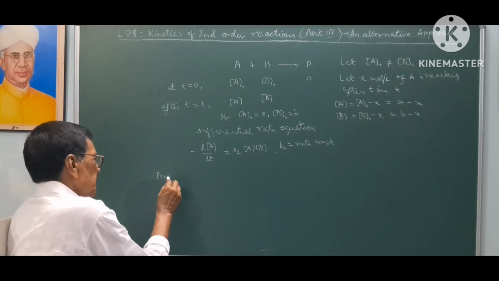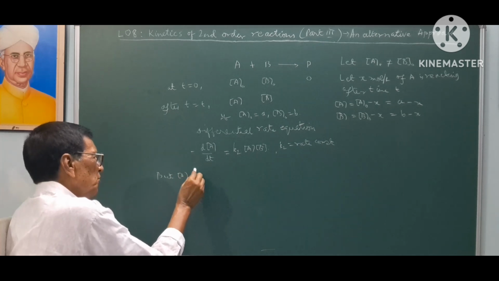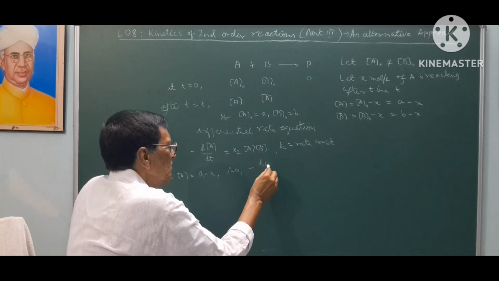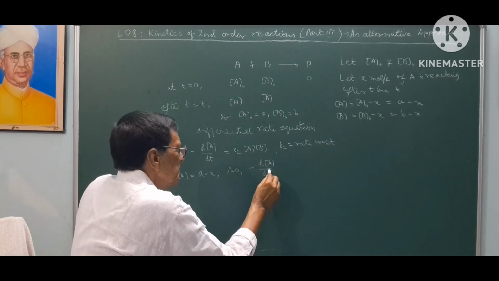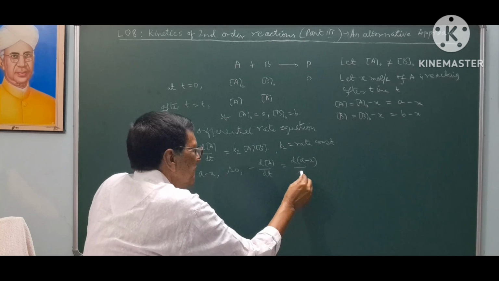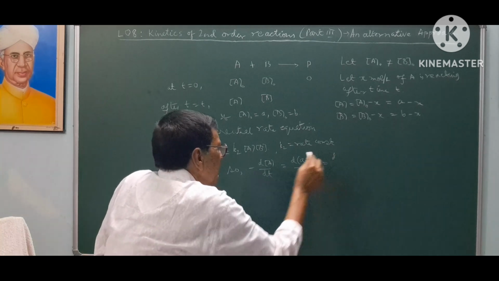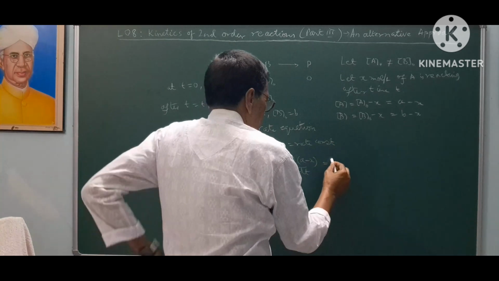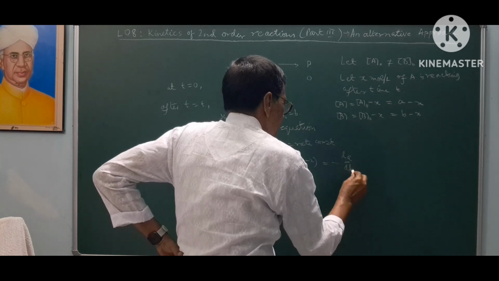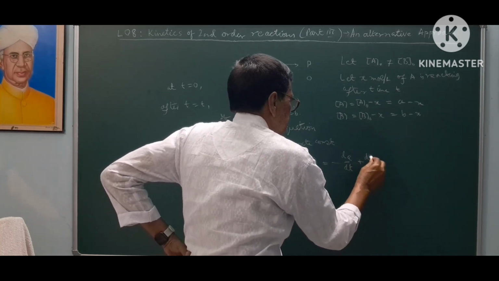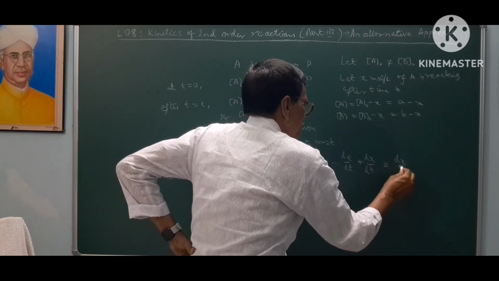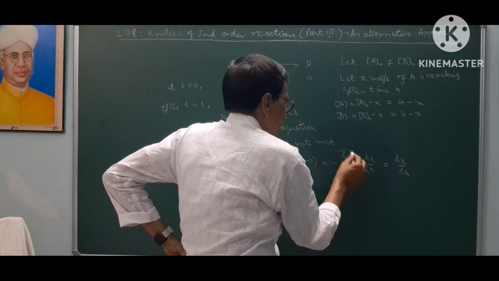But the concentration of A equals A minus x, so minus d[A]/dt equals minus d(A minus x)/dt, which is equal to minus dA/dt plus dx/dt, and this equals dx/dt, as the first term is equal to 0.